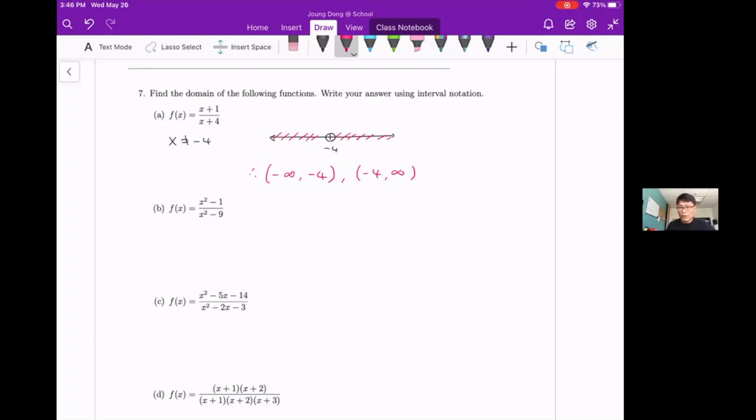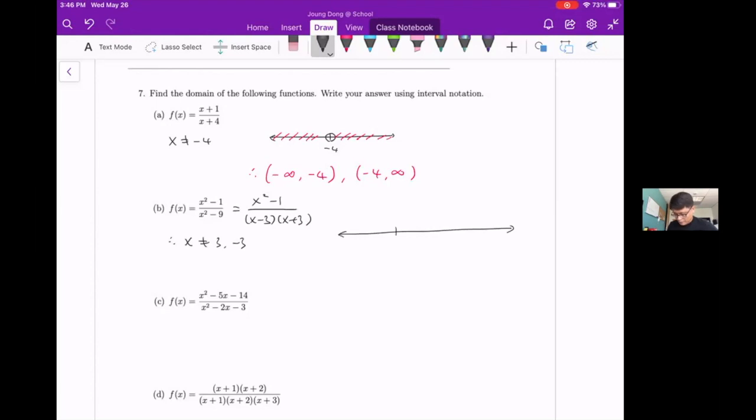So what about B? Same thing. We're going to factor your denominator, okay? You don't have to worry about the numerator to find the domain of this. So the denominator factors, which means x cannot be equal to 3 and -3, right? As I told you, using the number line is the easiest way for interval notation.